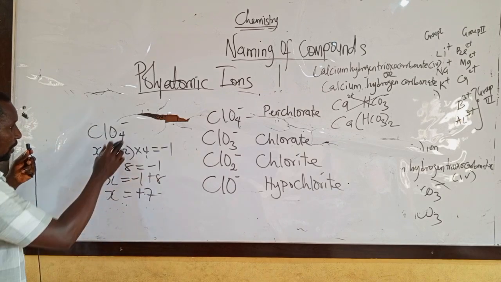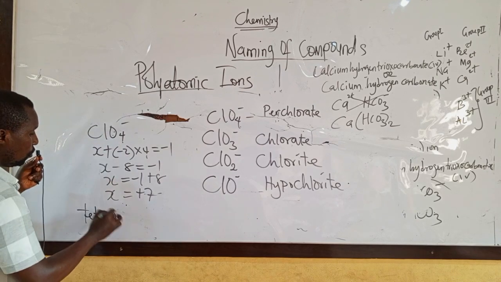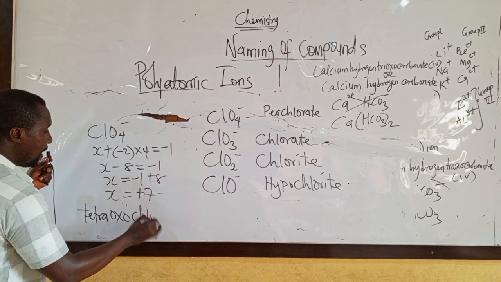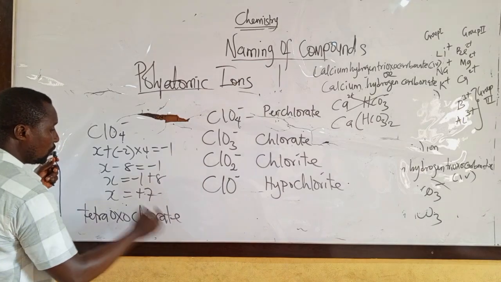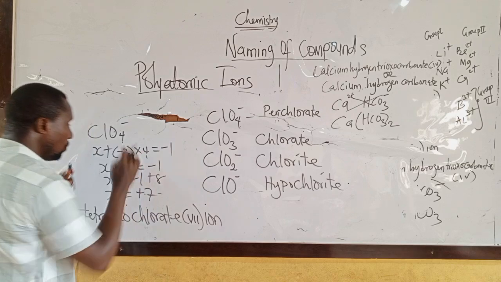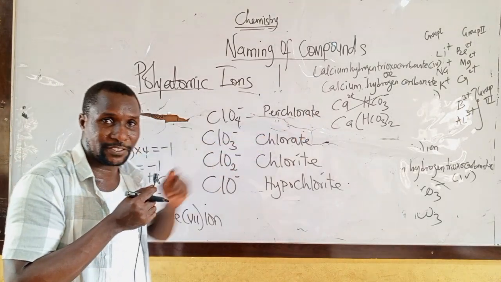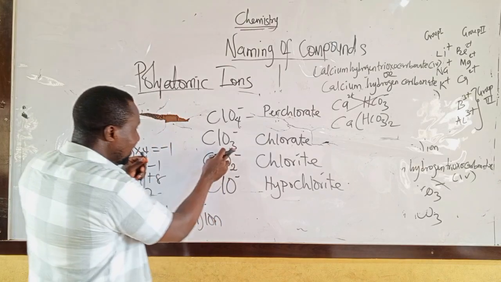I can also call it tetraoxochlorate(VII) ion. Take note. Tetraoxochlorate(VII) ion is known as perchlorate.